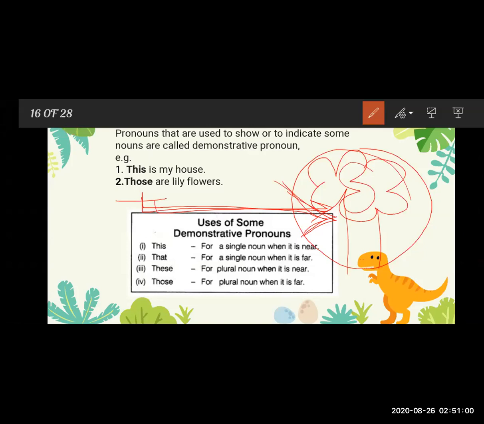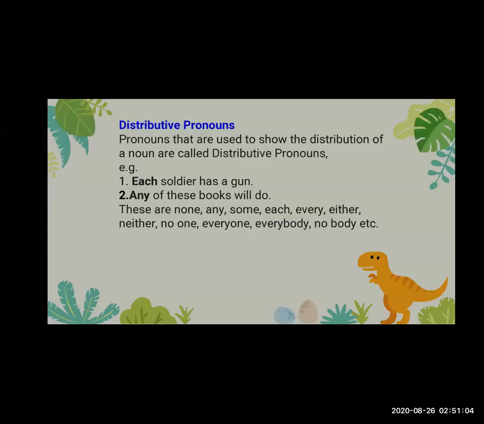Next one is the distributive pronoun. What is a distributive pronoun? Distributive pronouns are pronouns that are used to show the distribution of a noun. These are: each, every, either, neither, everyone, everybody, nobody.